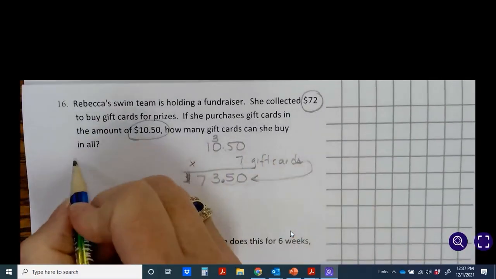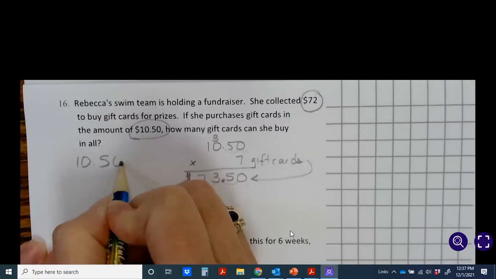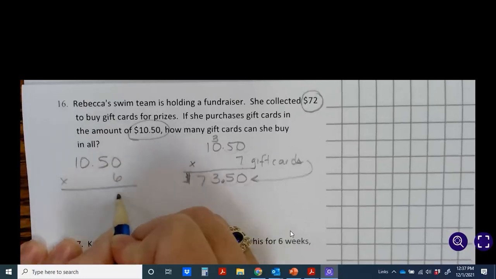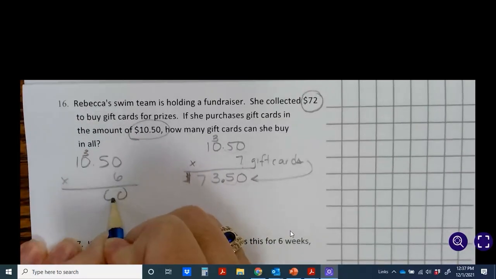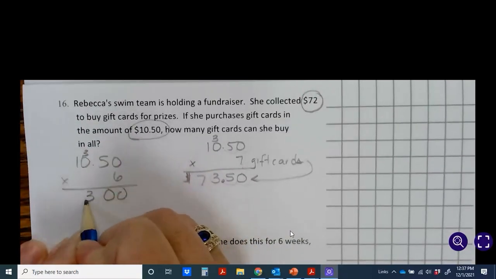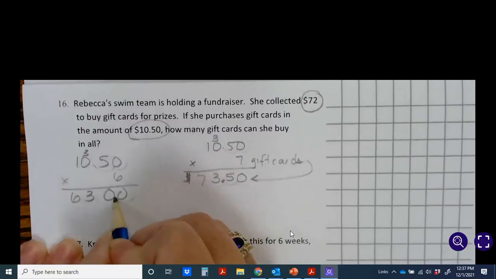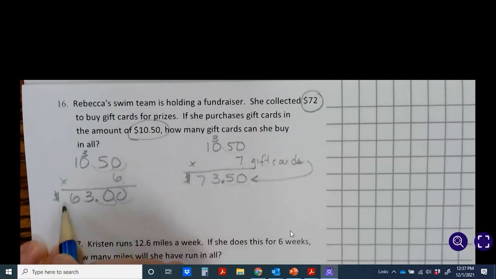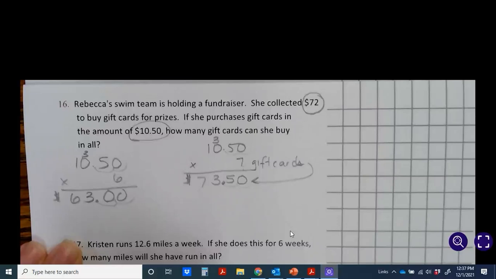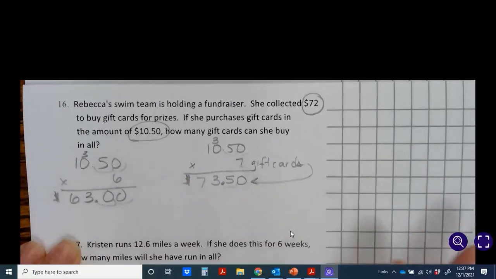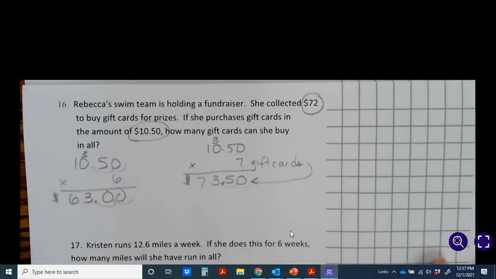So it would be $10.50 times 6: 0, 30, 3, 6, 1, 2. So she'd be spending 63 of the $72, okay? Just so you know, that's kind of how this problem breaks down.